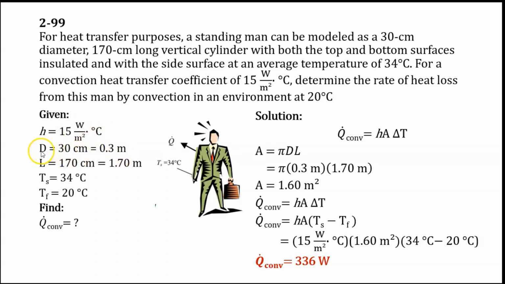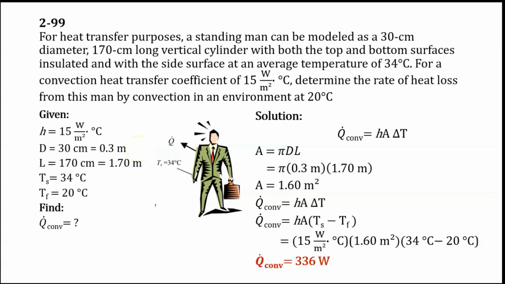And we have here the diameter, which is equal to 30 cm, the length, which is 170 cm, and the surface temperature, which is equal to 34 degrees Celsius. And we have here the temperature of the surrounding, which is equal to 20 degrees Celsius. And we are about to find the rate of heat loss from this man by convection in an environment at a specified temperature.